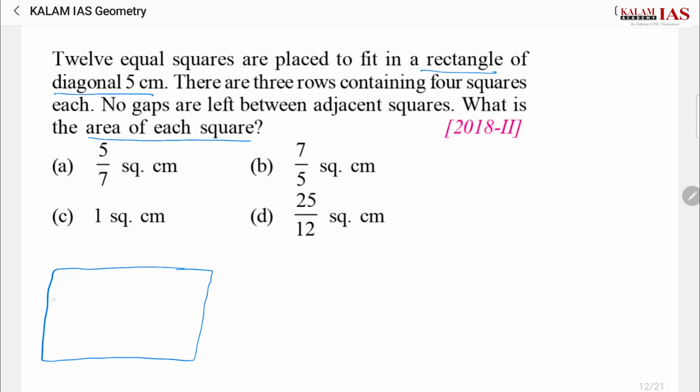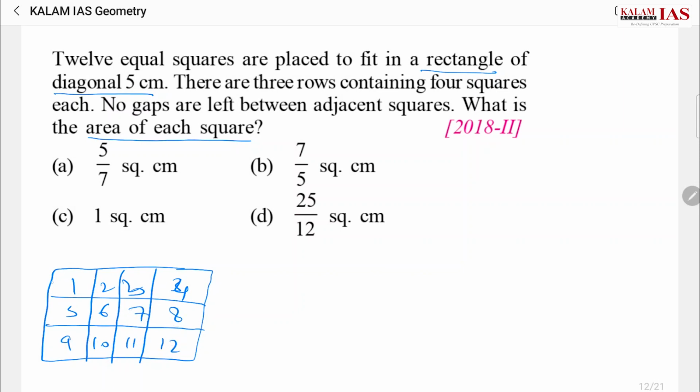12 equal squares means we can divide the entire rectangle into 12 parts. So we have 1, 2, 3, 4, 5, 6, 7, 8, 9, 10, 11, 12. These are small squares and we have 12 such squares. So each square will be of length A on both sides.